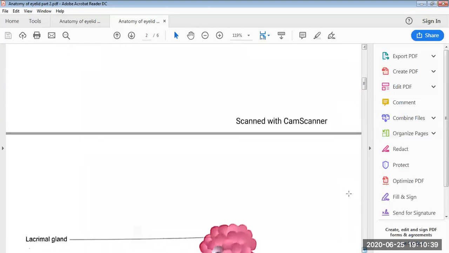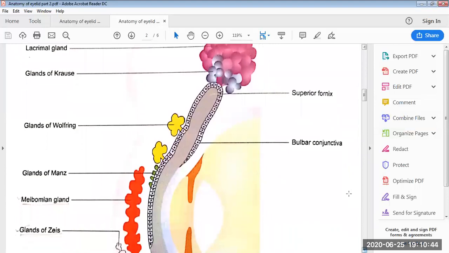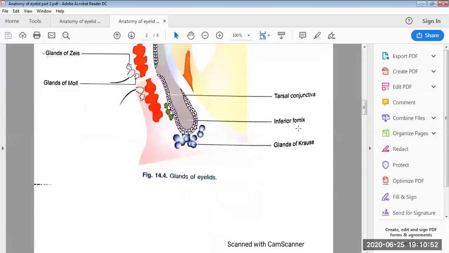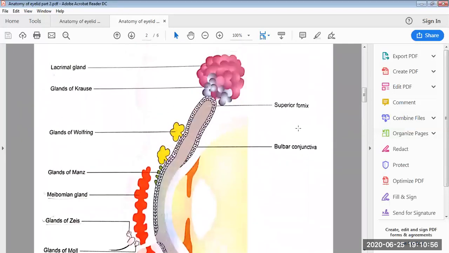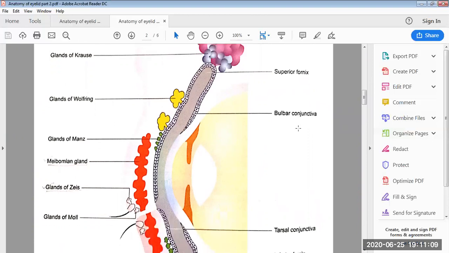Then there is an image showing, at the upper side, the lacrimal gland, and at the superior fornix the glands of Krause, and then the glands of Wolfring below the superior fornix.